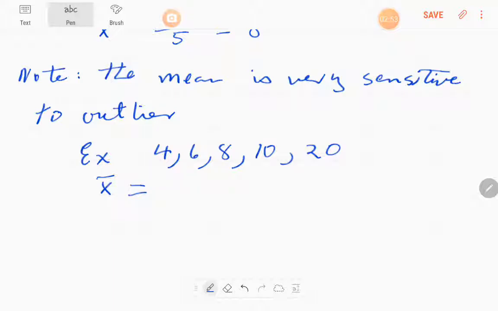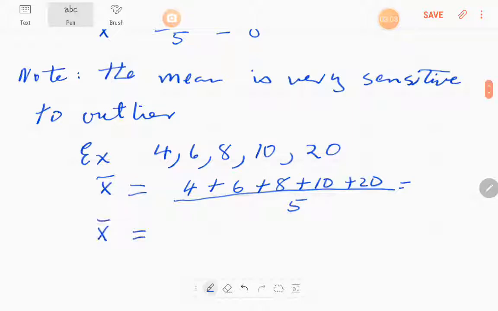We'll add all the values together and then divide that by 5. So the mean would equal, now this should be 48. Let me double check. 4, 6, 10, 20, 40, 48, divided by 5.